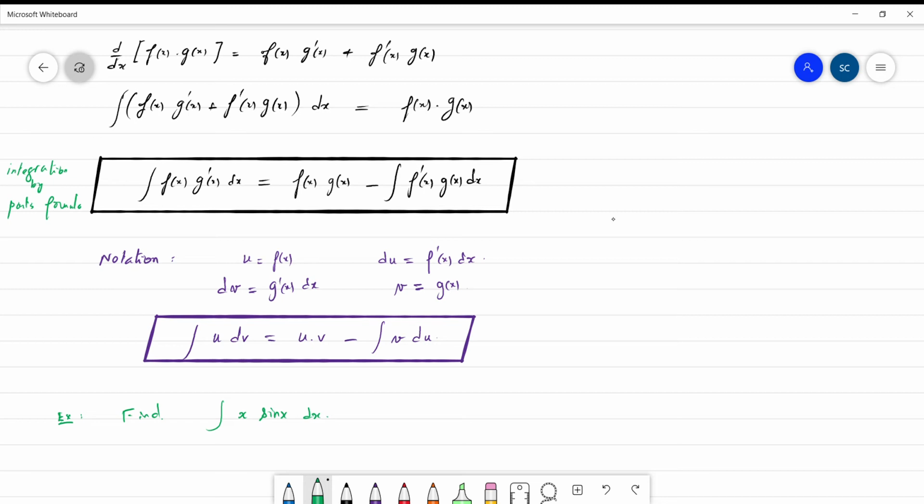The idea of integration by parts uses the product of two functions, and the purpose of this manipulation is to bring ourselves to an integral that is simpler, that we know how to do. If I choose f to be x, then on the right side I will get f' of x, which will be 1, which is interesting.